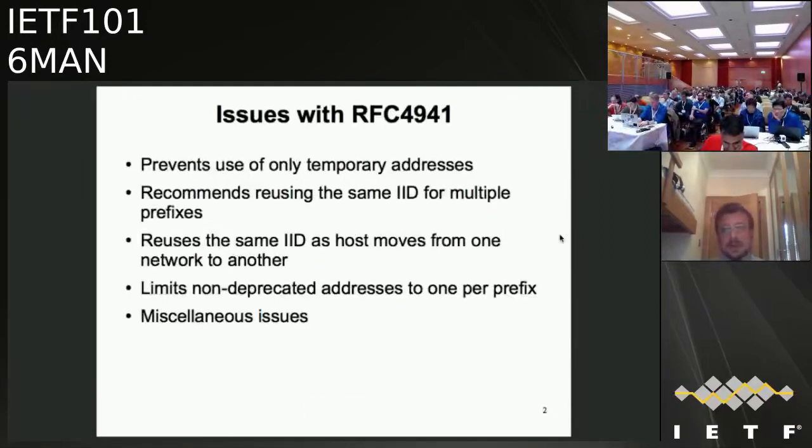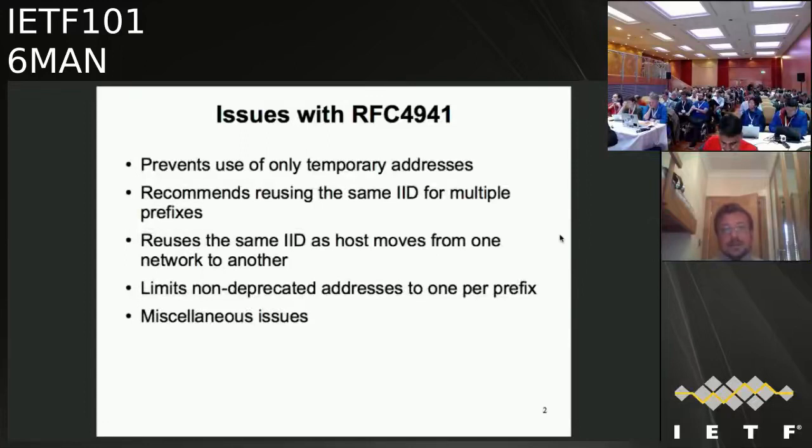So these are problems with RFC 4941. First of all, the way the document is written, it prevents the use of only temporary addresses. Then it also recommends to use the same interface identifier for multiple prefixes. So obviously, if you use the same interface ID for multiple prefixes, that allows the correlation of network activity between those two addresses.